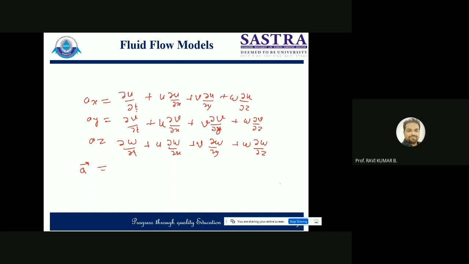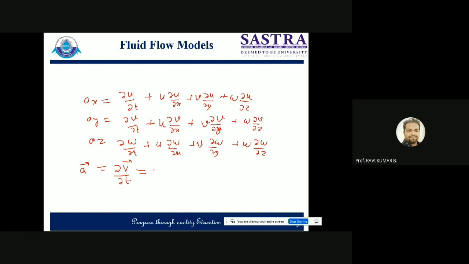So this one is called local acceleration, and this is called convective acceleration. So we can say A is nothing but the resultant velocity change with respect to time. This is called the resultant acceleration.